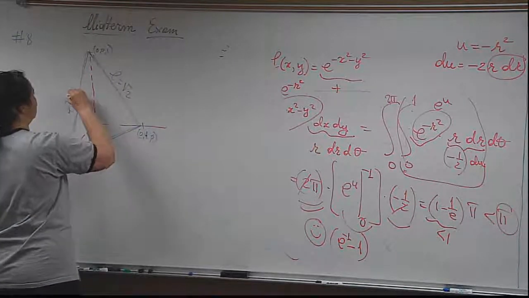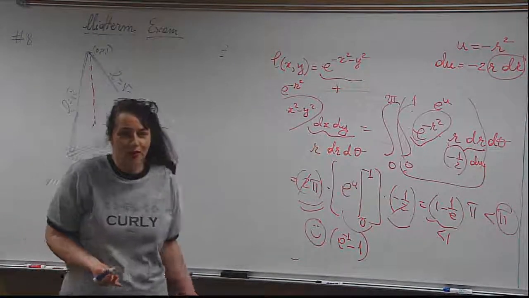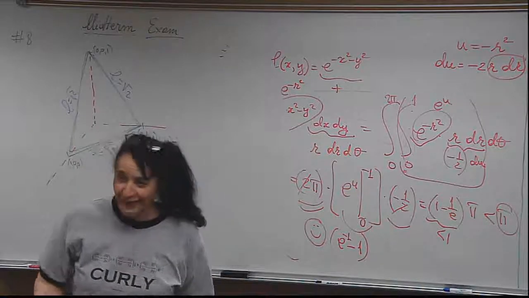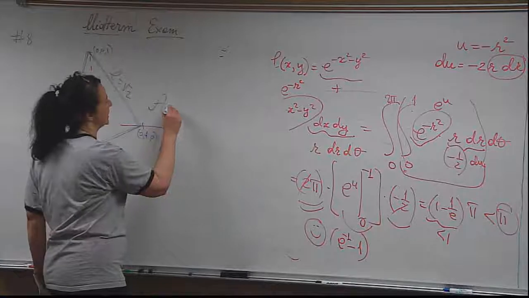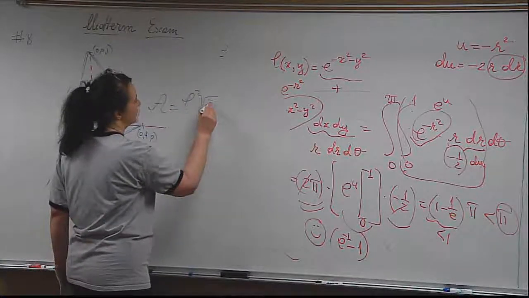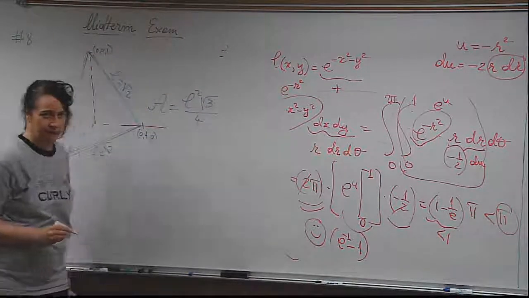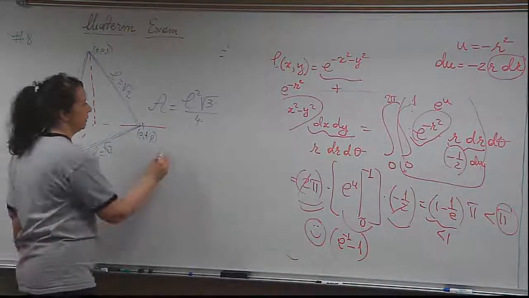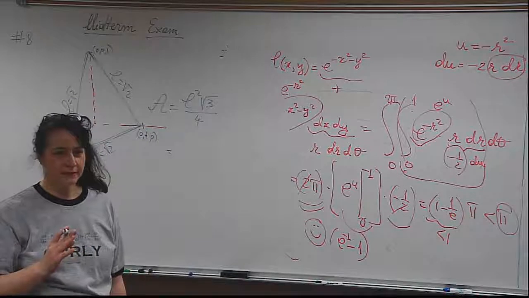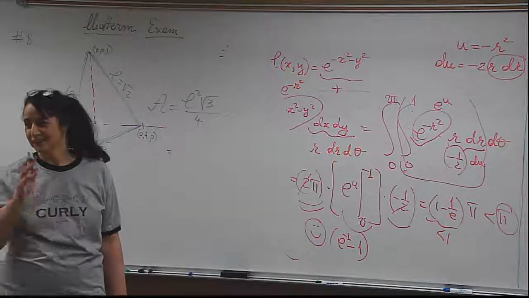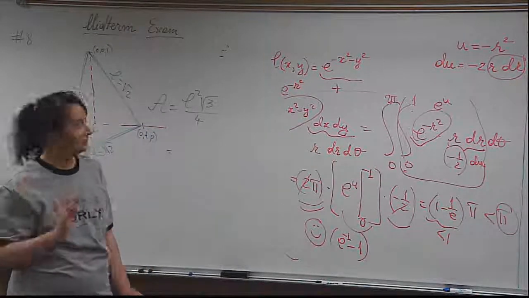And I even taught you how to cheat. That's why I was mad. I mean, I taught you how to cheat, and you didn't take advantage, right? So the area was L squared, square root of 3 over 4, which we did together, like in 5th, 6th grade, by multiplying the height and the base and dividing by 2.